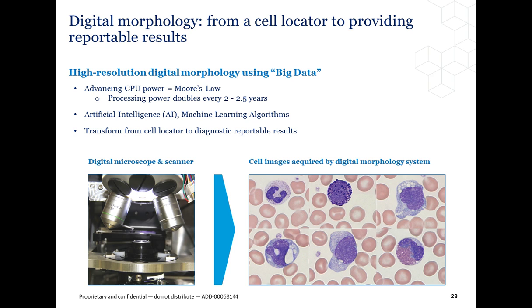So it could be possible that improvements in processing speed using artificial intelligence and advanced machine learning algorithms could someday provide the human-to-machine compatible WBC image in such numbers that the cell locator could actually report the results with little or no laboratory review. So is that possible? My belief right now is this has to be one of the leading trends in the advancement of more reportable automated differentials.